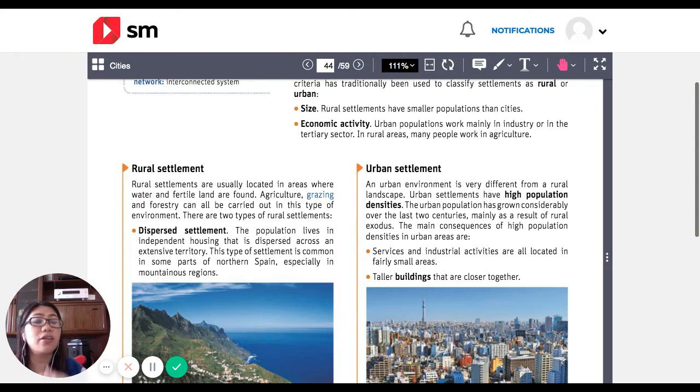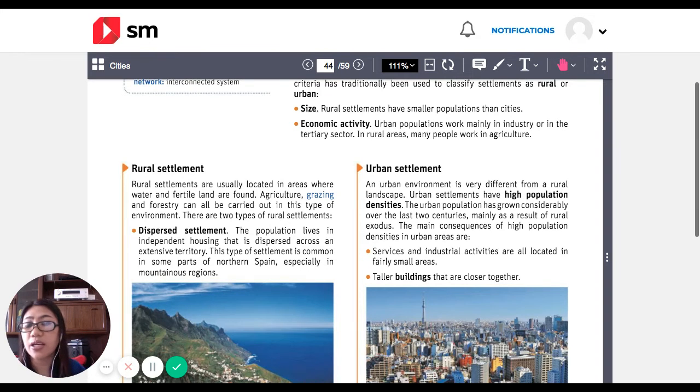So the people in the rural area are more engaged in agriculture, farming, pasturing, grazing, forestry, and the economic activity of people in the urban settlements is more of services or tertiary sectors. Like we have banking, we have insurance, we have some transport, you have pharmacies, yeah, more of like services.